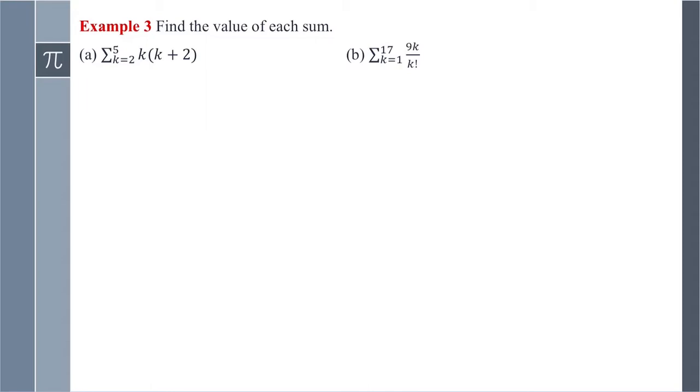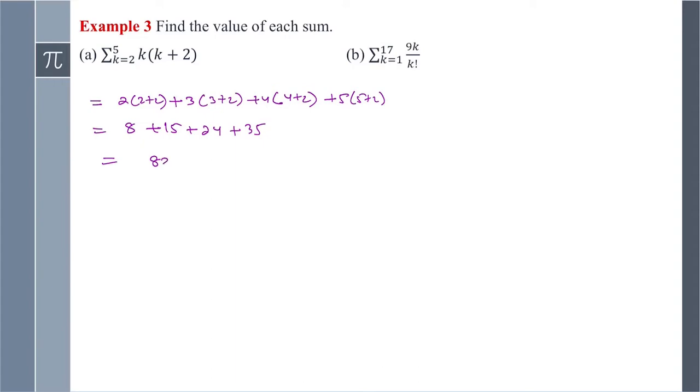For the first one, you can just replace k with 2: 2 times 2 plus 2, plus 3 times 3 plus 2, plus 4 times 4 plus 2, plus 5 times 5 plus 2. So this is 4 times 2, 8. This is 5 times 3, 15. The next one is 6 times 4, 24. And this is 7 times 5, 35. And when you add, you get 82.